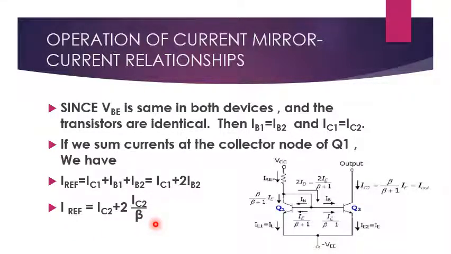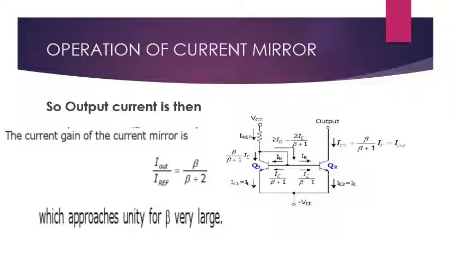We can write the IB value as IC by beta, because beta equals IC by IB. Clear? Now the output current over I reference is beta over beta plus 2, which approaches unity for large beta. Clear?